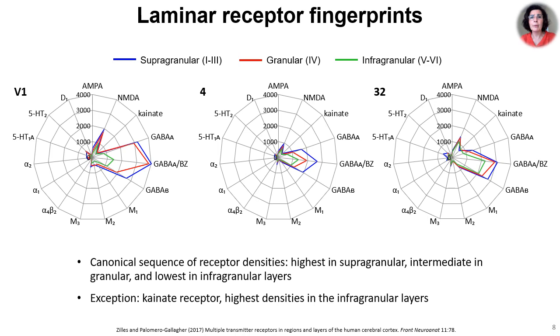These three exemplary areas show that highest receptor densities are generally found in layers 1 to 3 and lowest ones in layers 5 to 6, the infragranular layers. The glutamate kainate receptor constitutes a notable exception, since in most areas it's actually present at higher densities in the deeper than in the supragranular layers.